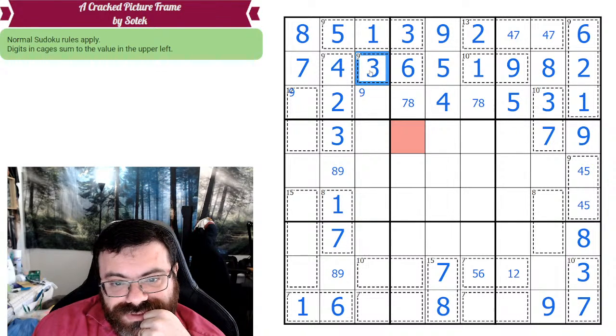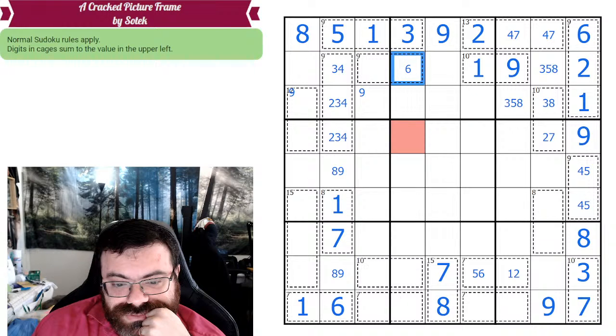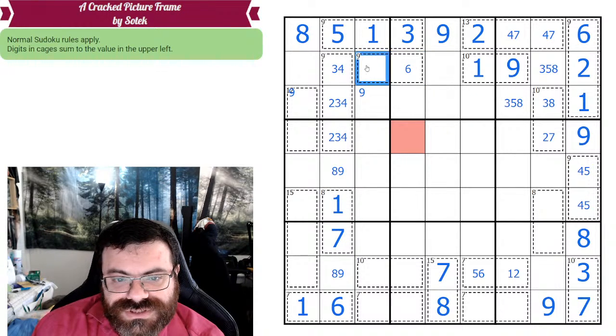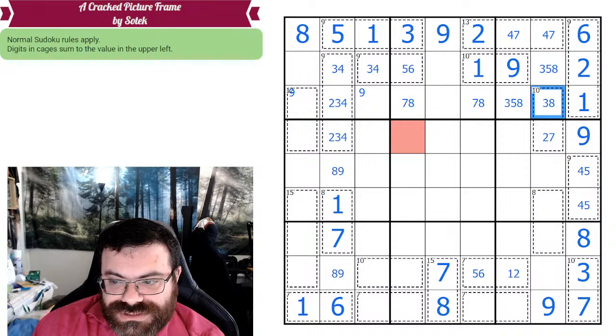Did I miss 5, 4? I have to go back. This could be 6, 3, but it could also be 5, 4. Like that. Still puts a 7, 8 pair here, though. Let's just do that. 3, 7. This is 5, 8.